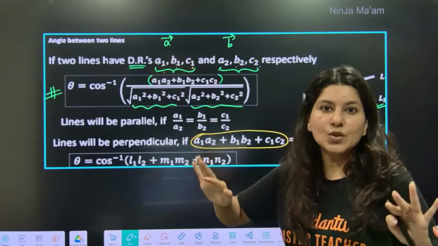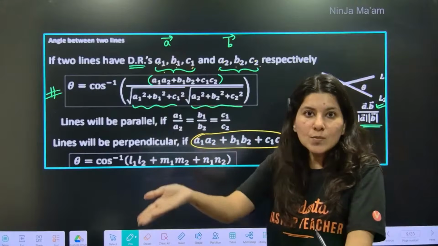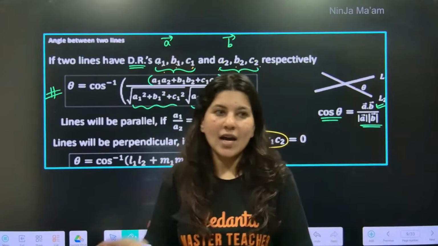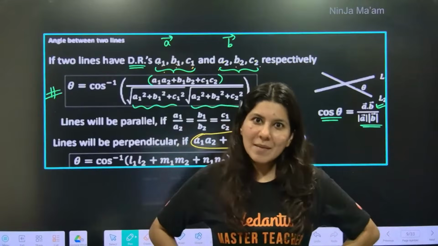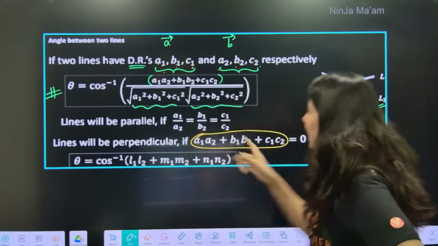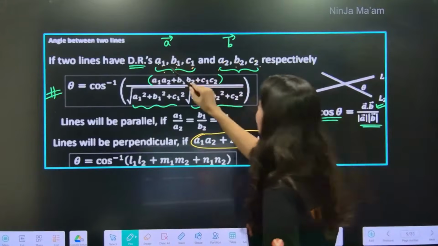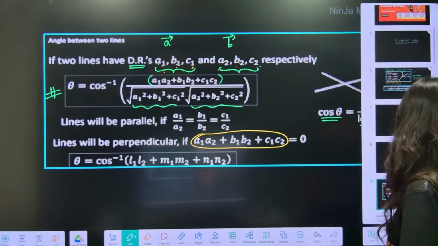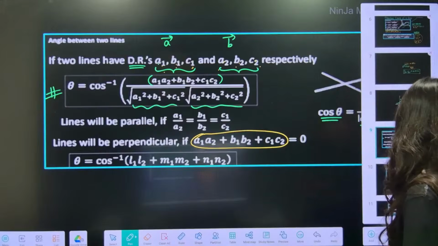Clearly visible that these two look parallel. Just like in straight lines, x plus 2y and 2x plus 4y look parallel. Like that also, A1 by A2, B1 by B2, C1 by C2 will be equal. So it is all about the angle between two lines.